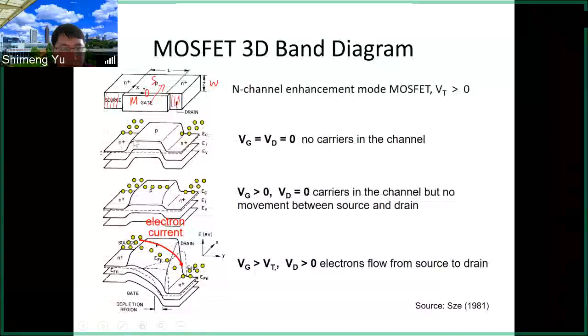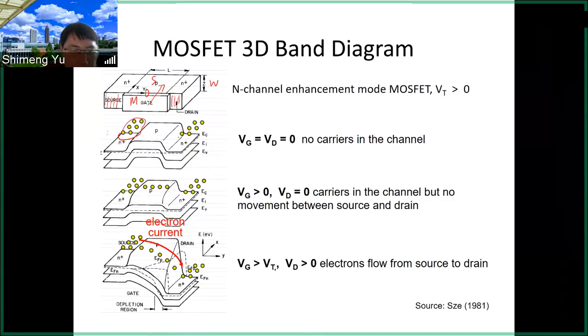So we have those two barriers here. And for the source and the drain, N-type doping, that means we have a lot of electrons there, majority carrier electrons. And in the channel region, it's P-type.